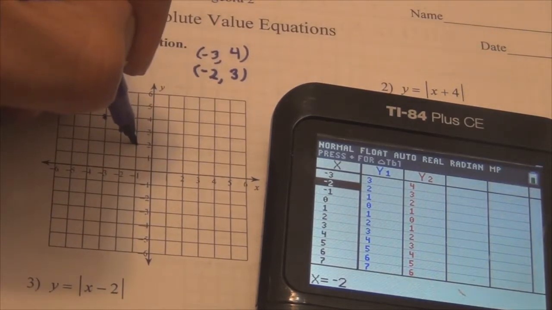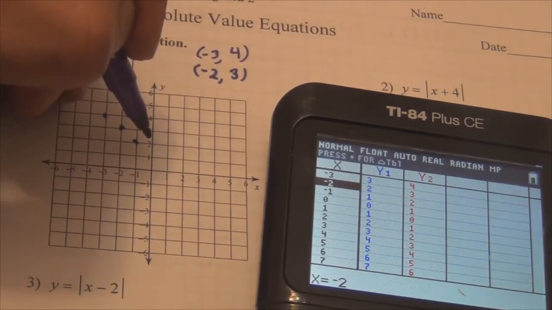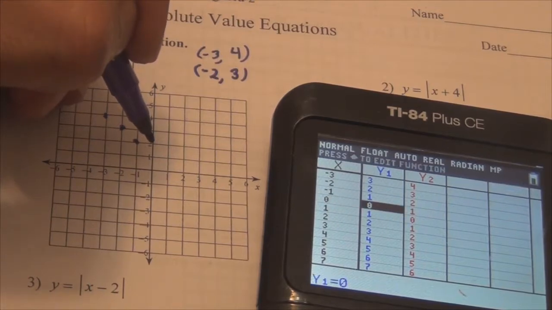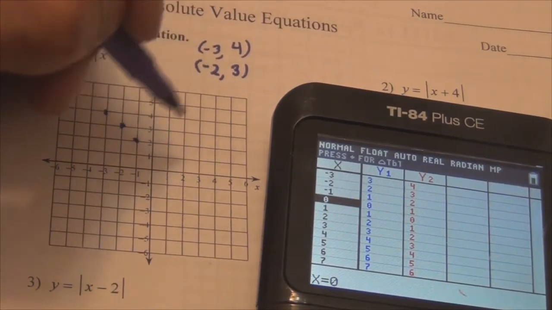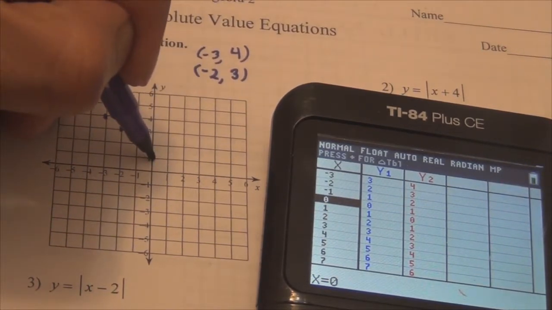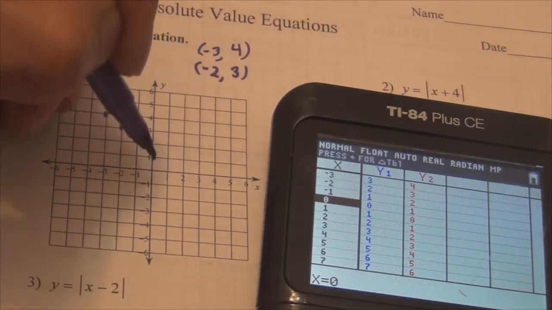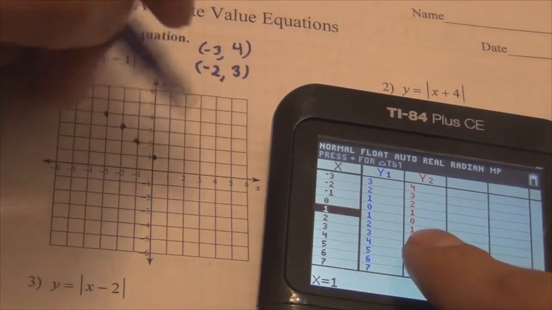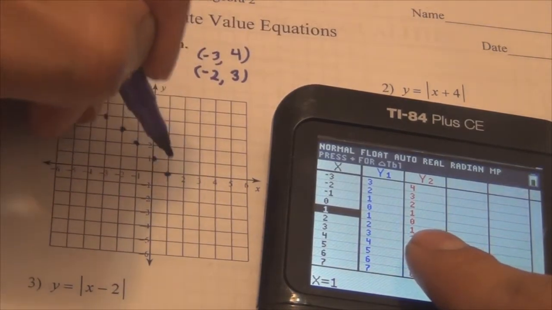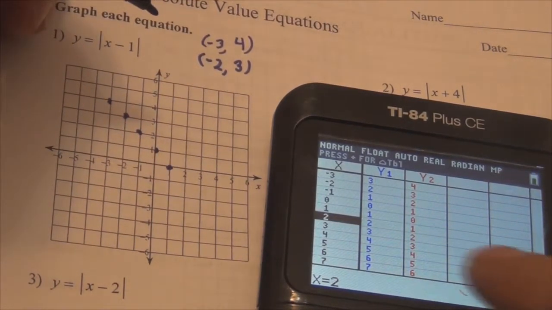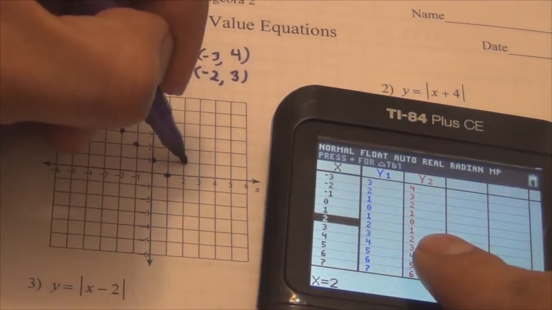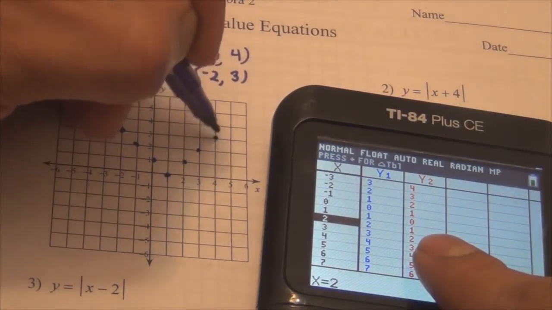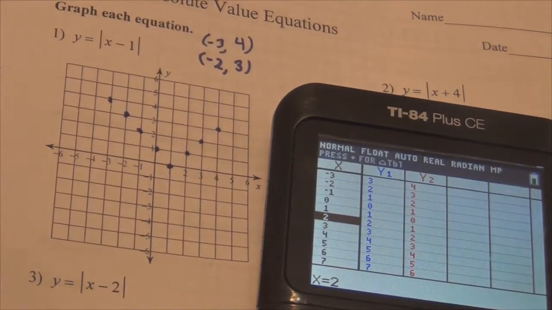Negative 1, 2. 0, 1. 1, 0. 2, 1. 3, 2. 4, 3, and so on. You see, I graphed it.